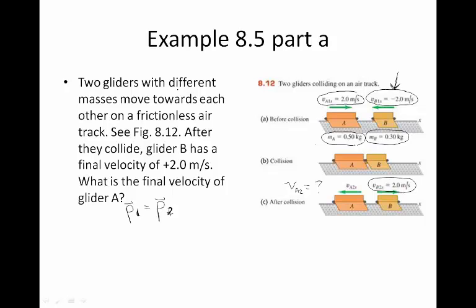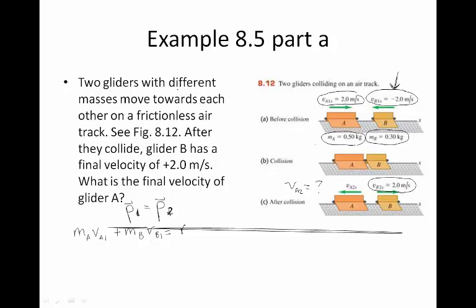And our system includes both carts A and B. So we've got the momentum for cart A, MA VA1, and the momentum for cart B, MB VB1. Really wish I could figure out how to erase that. Apologize for that. That's going to equal the momentum of the system at the end of the time interval.